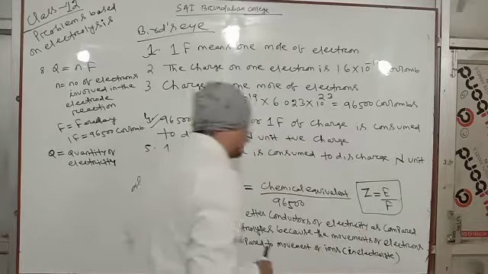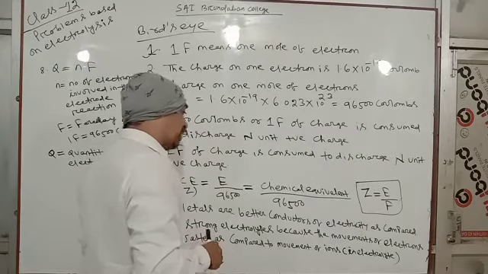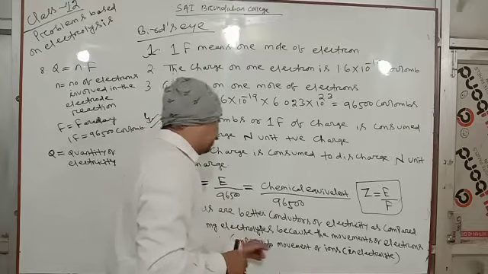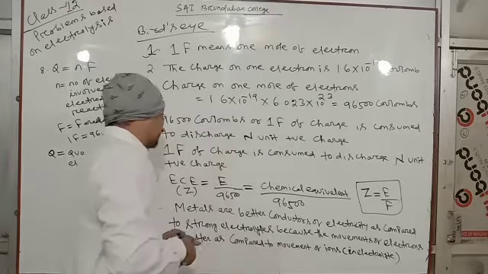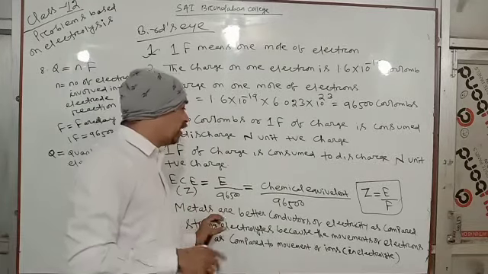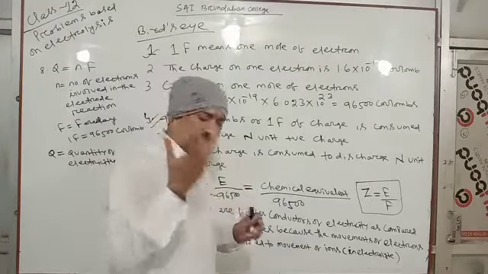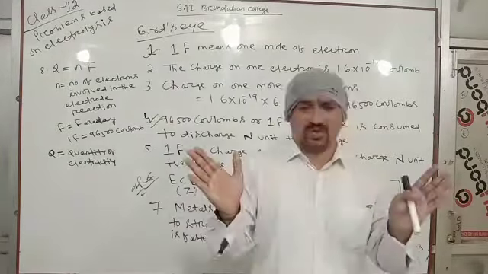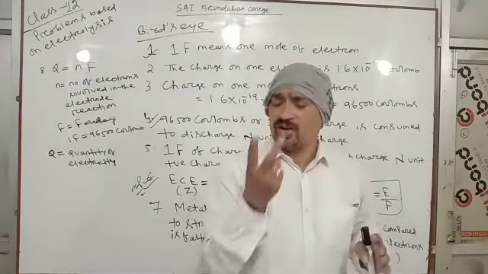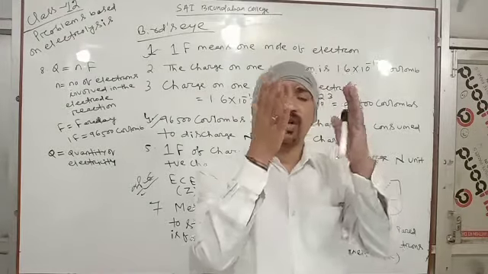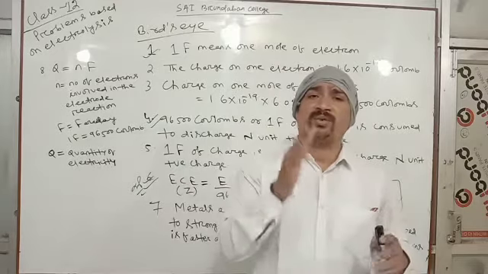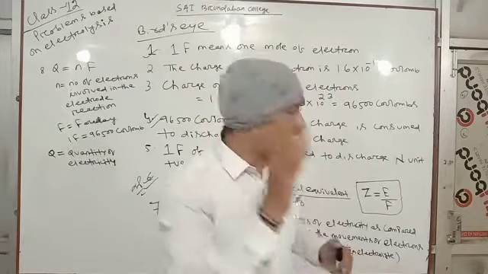Strong electrolytes, such as salts, strong acids and strong bases, dissociate completely to give ions. Suppose NaCl is a strong electrolyte, a salt. When it dissolves in water, it dissociates to give Na plus ions and Cl minus ions.